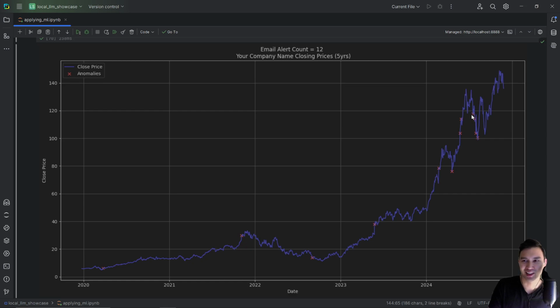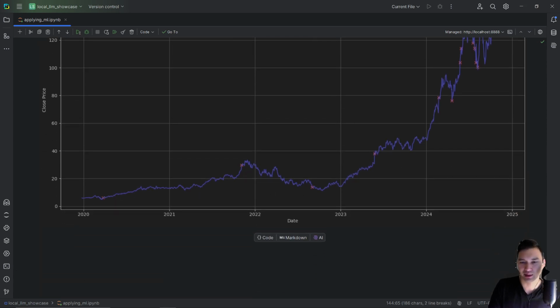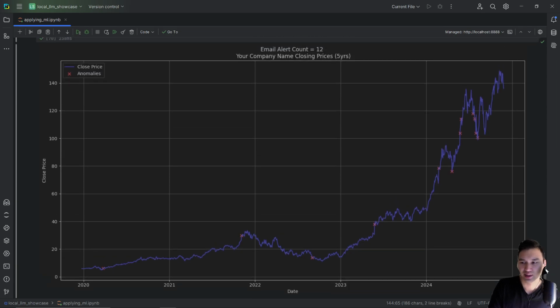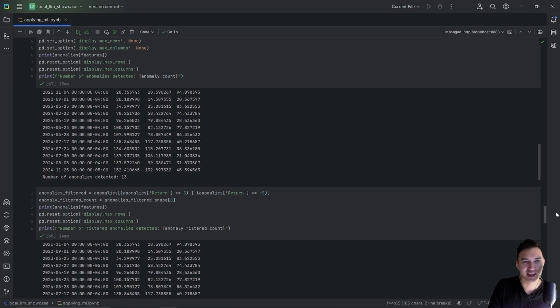You buy the stock, it shoots all the way down. I don't know if there's any explanatory power here, really, and I don't think it's marking the stocks that I want. So at the end of the day, I think the isolation forest is kind of dead to me.